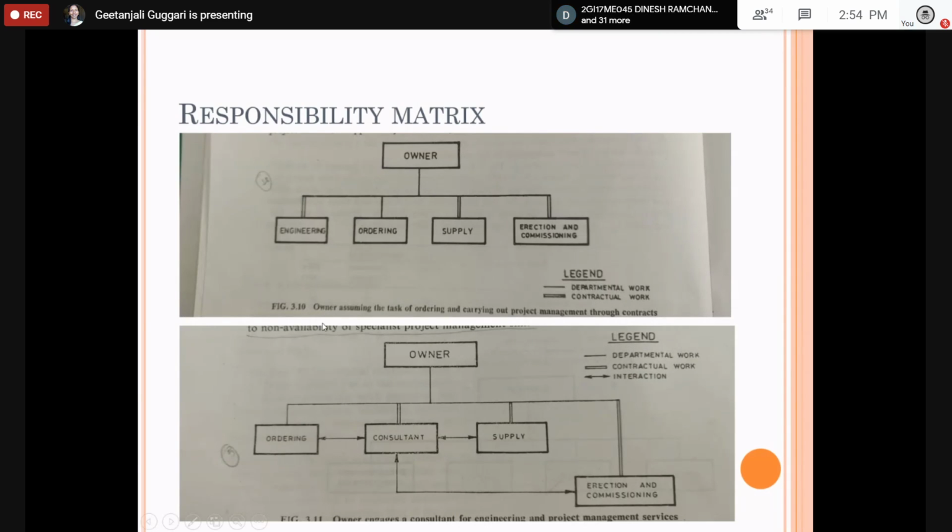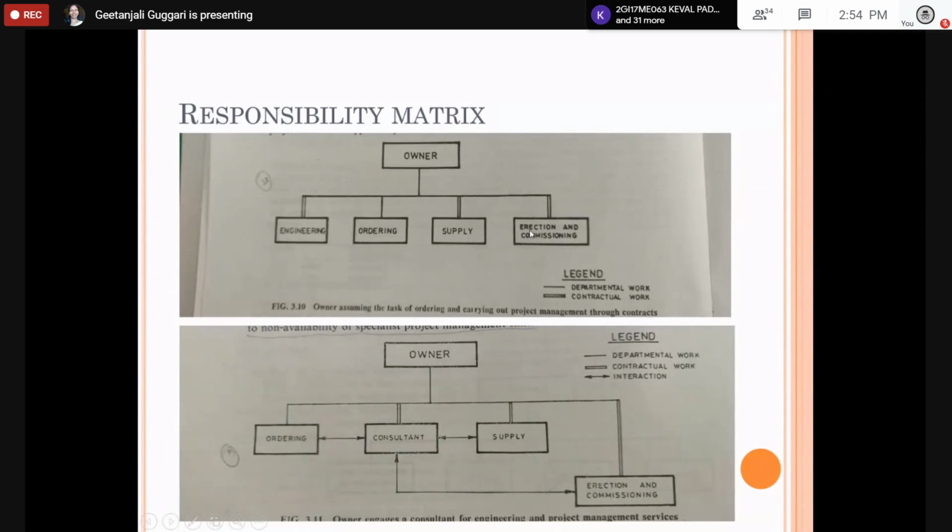The other case: the owner assumes the task of ordering and carries out the project management through the contractors. What all the things are involved in this project? The owner is leading. Here you have the sections of engineering, ordering, supply, erection, commissioning.